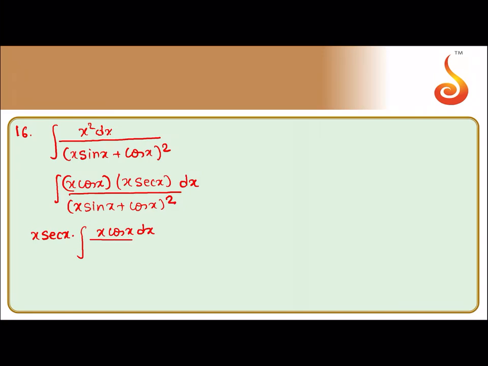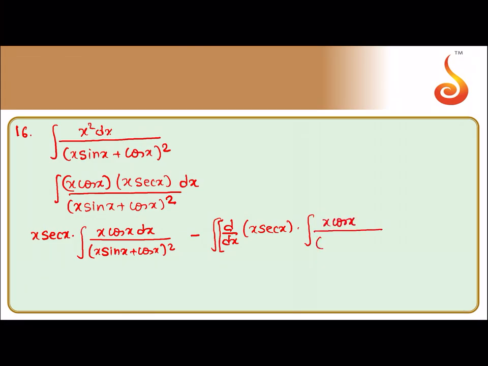So what we do is take x secant x as the first function into the integral of x cos x dx by (x sin x plus cos x) whole square, minus d by dx of x secant x into the integral of x cos x by (x sin x plus cos x) whole square dx.